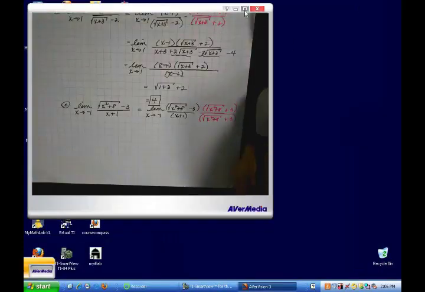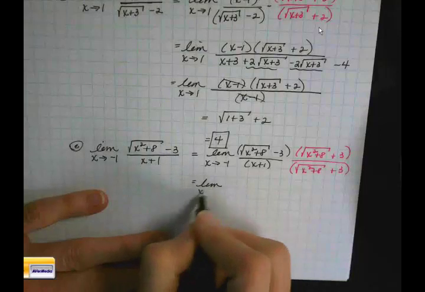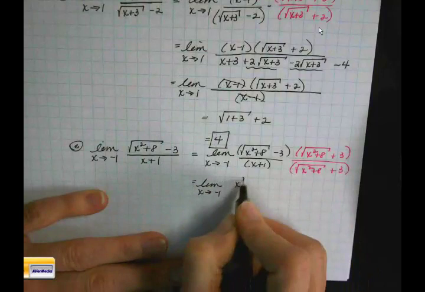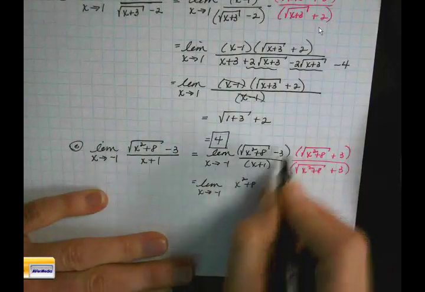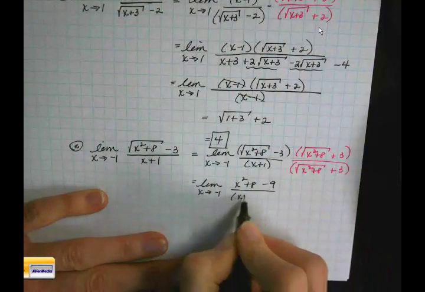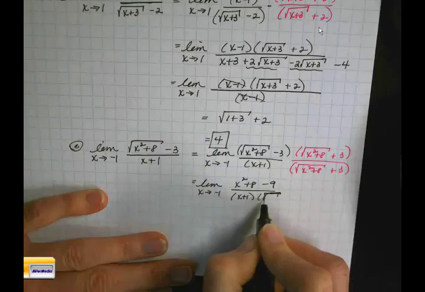Okay, let's take a look at it. If you do FOIL to the top, the square root times the square root is no more a root. Your O and your I cancel, and the negative 3 times the positive 3 is a minus 9. Ooh, I didn't make that big enough.